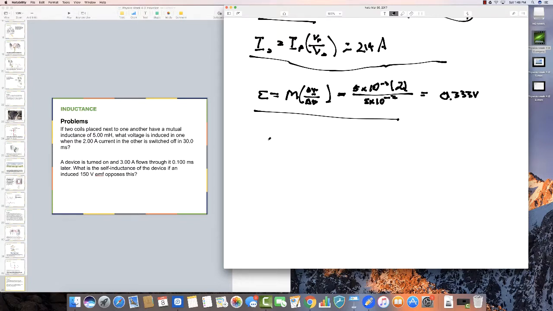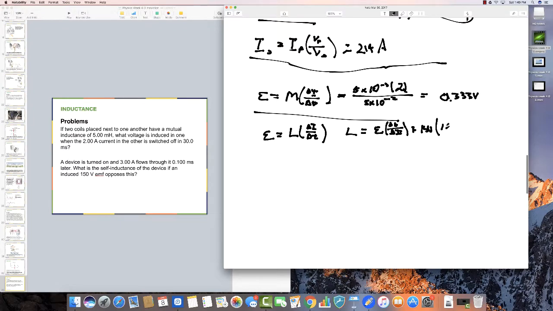And you have E is equal to L, which is the self-inductance, times delta I over delta T, and if you rearrange this to find L, it's going to be E times delta T over delta I. And E equals 150 times delta T, which is 1/10 of a millisecond, or 1 times 10 to the minus 4 seconds, divided by 3.